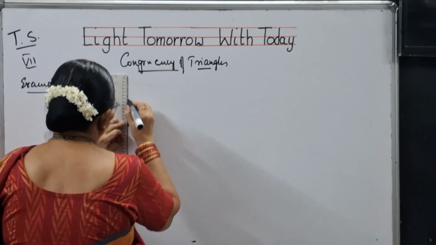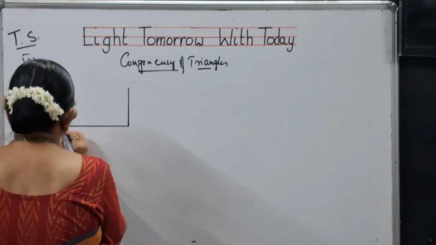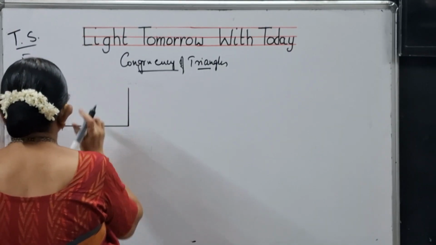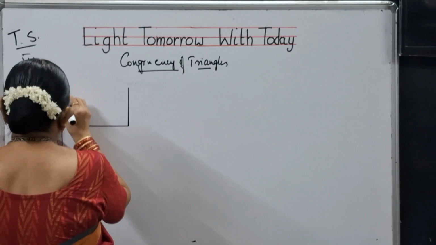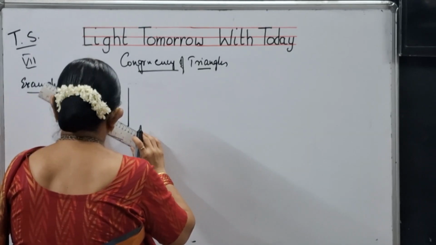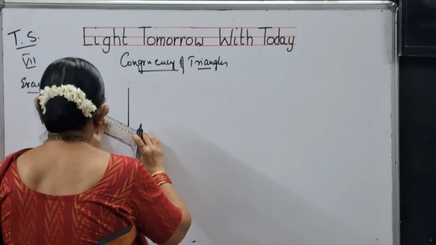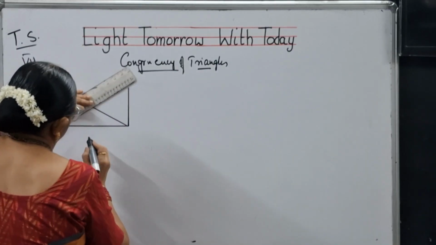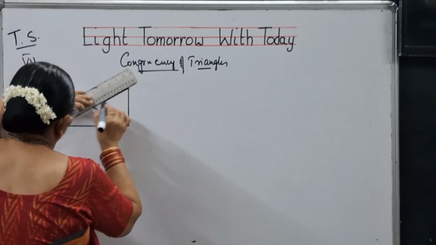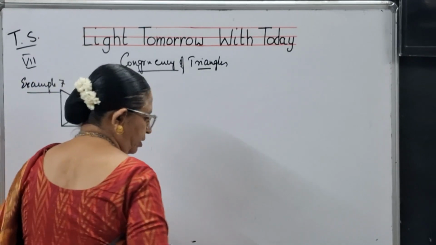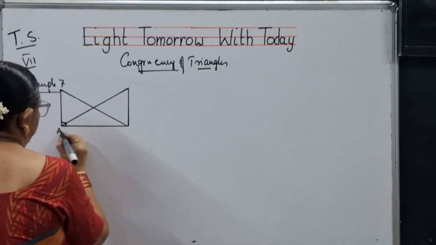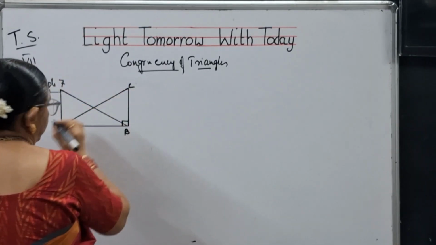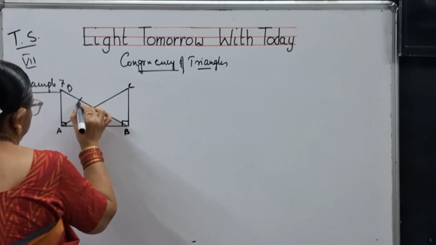These are right angles. This is the figure given. Here A, here B, and C and D.